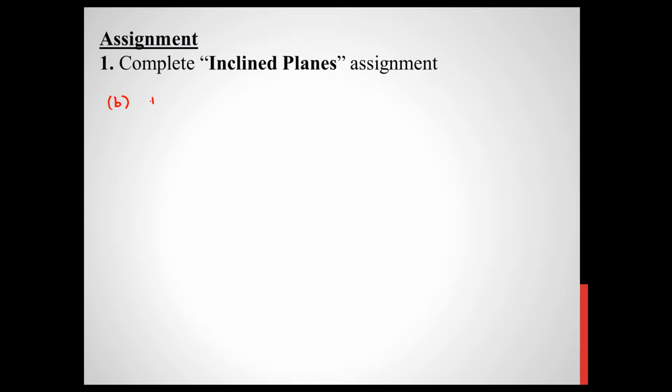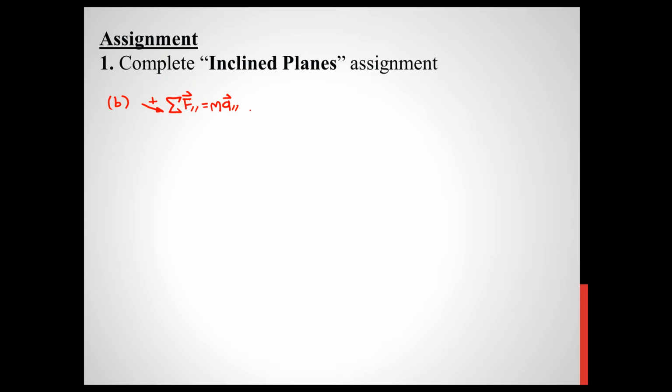Okay, let's say that down the incline is positive. Now I'm going to find the sum of my forces in the parallel direction is equal to mass times acceleration in the parallel direction.